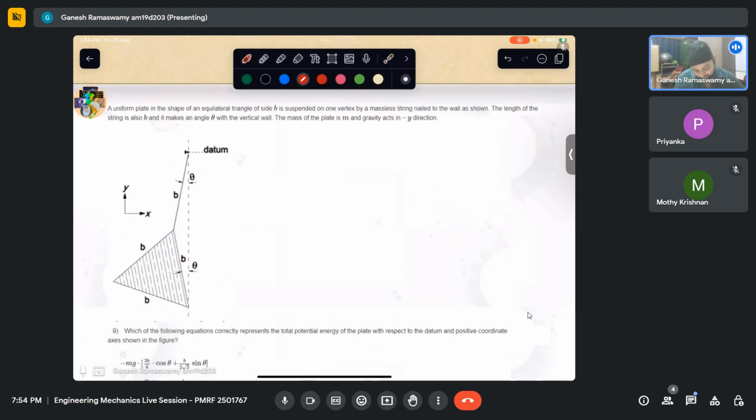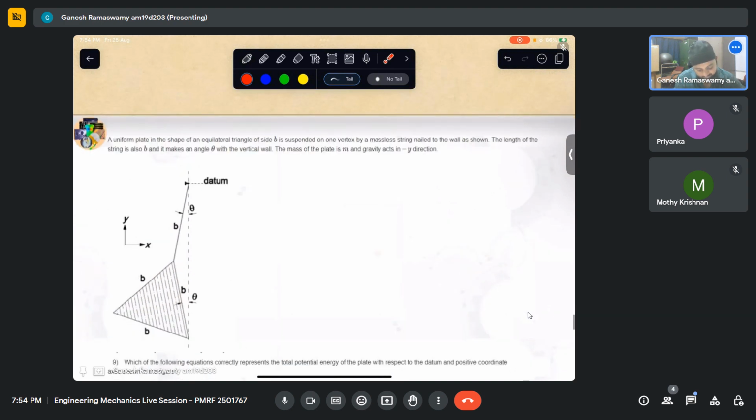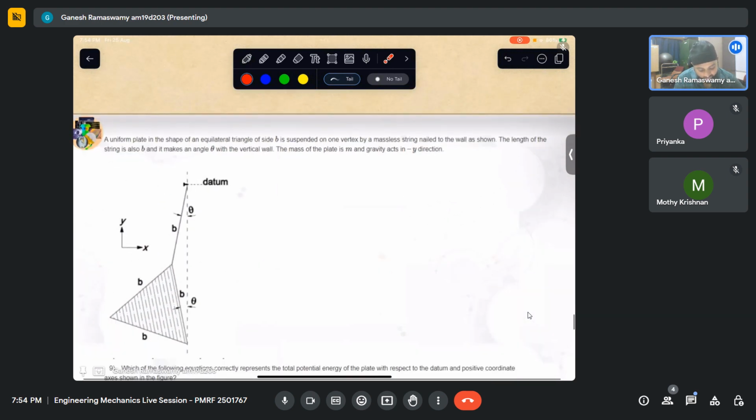A uniform plate shaped like an equilateral triangle with side B, one of the sides is B, so it's an equilateral triangle, so all the sides are B, is suspended with one vertex. On one vertex, we have a massless string, and the length of that string is also B, and it is nailed to the wall. The string makes an angle theta with the vertical wall.